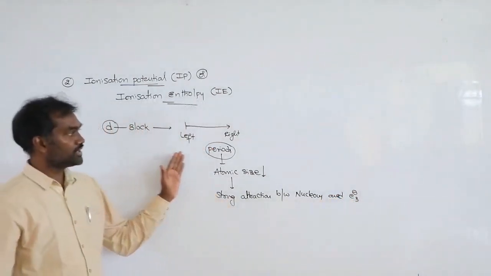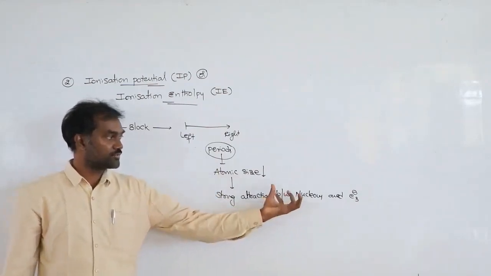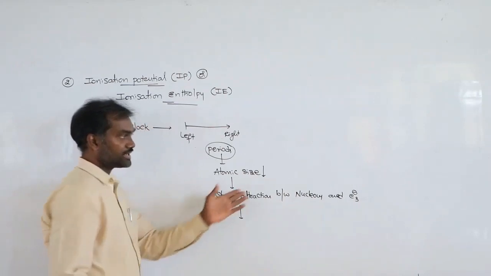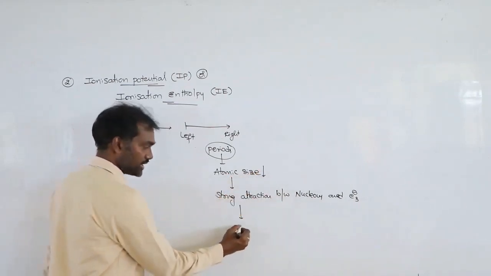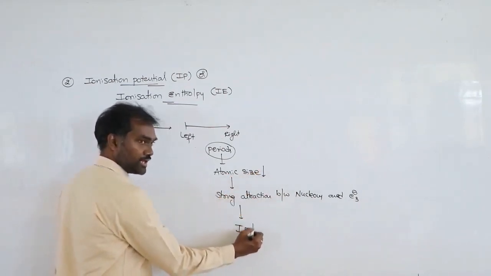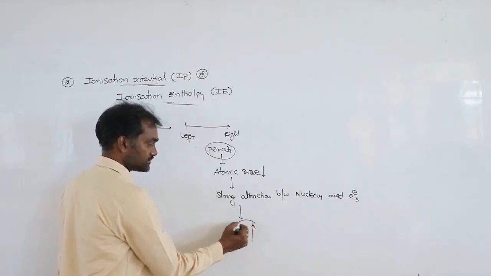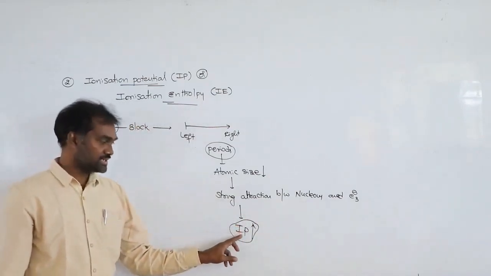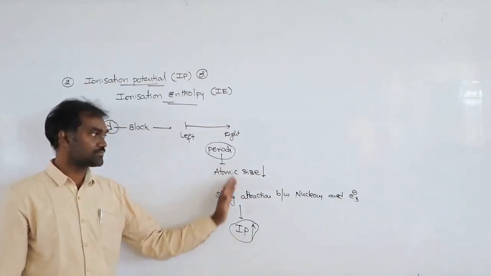So when we move left to right, this attraction between the nucleus and electrons increases. That's why the electron does not easily come outside, and that's why IP values increase. That is the general observation.